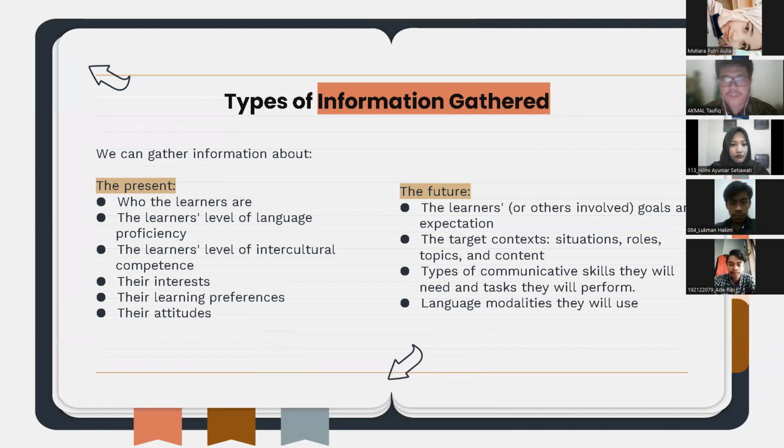And the future information includes the learners' goals and expectations, the target context, which includes situation, roles, topics, and content, types of communicative skill they need and tasks they will perform, and language modalities they will use.